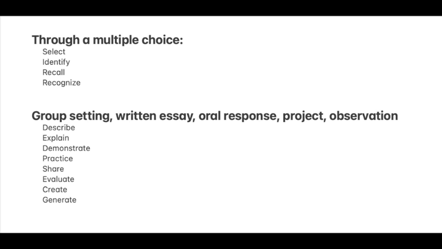I would say no. So with that, I would probably change that learning objective to something like select, maybe identify, possibly recall. If they're able to select something out of a list, again, that's not really getting to the higher order thinking of being able to generate thought. This is more about being able to remember and recall information. And that would be a little bit lower on our order of thinking if we're looking at Bloom's taxonomy.